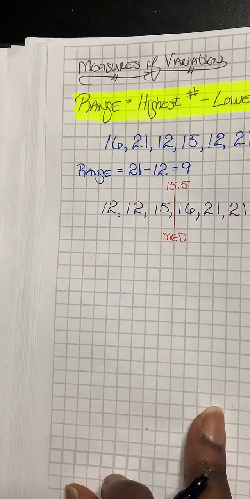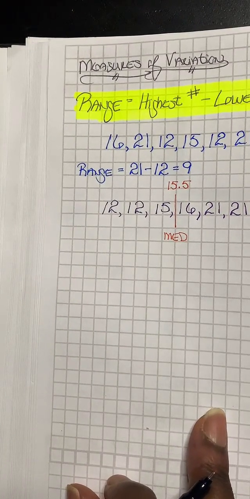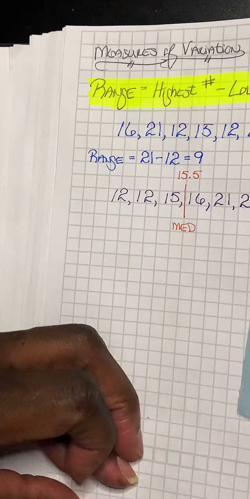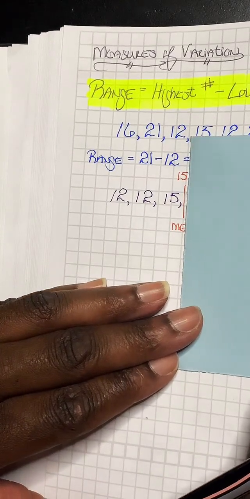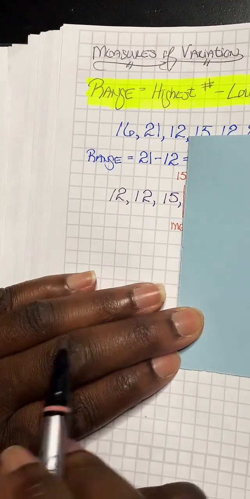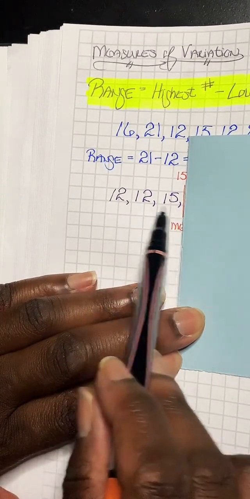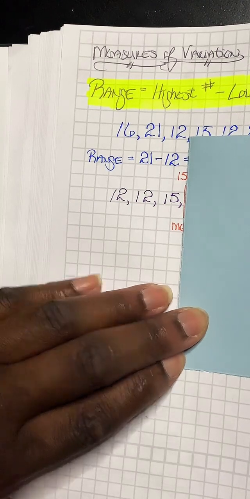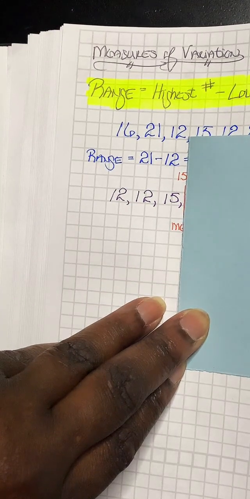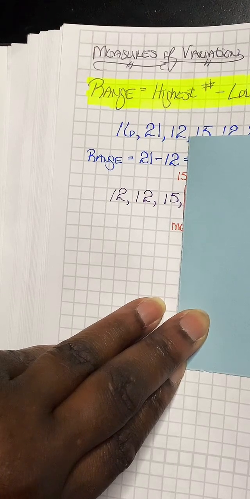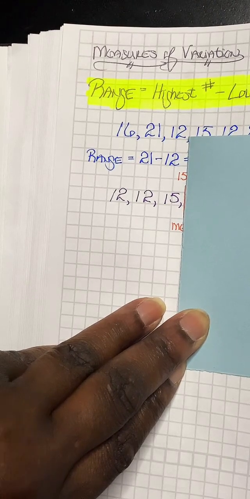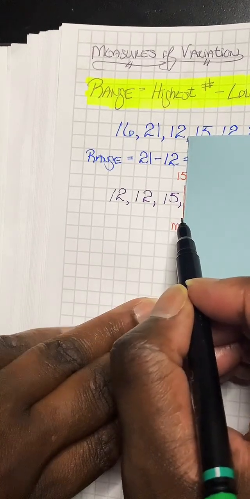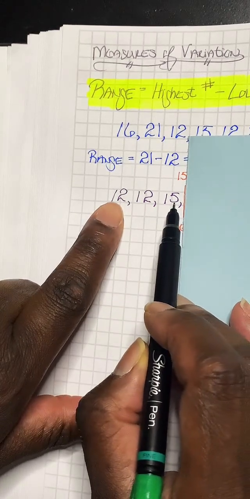If I wanted to cover up these higher numbers and find the middle number of these lower numbers, what would it be? 12. Good. Not 13.5, because we have 3 numbers here.